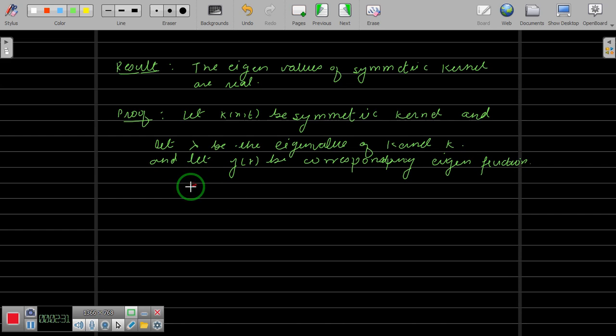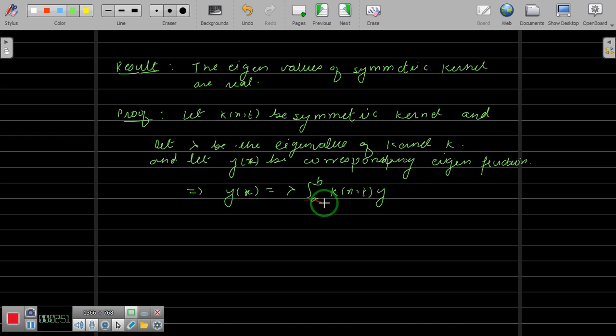So if lambda is the eigenvalue and y of t is a corresponding eigenfunction, this implies y of t has to be equal to lambda integral a to b k x comma t. Let me take y of x here.